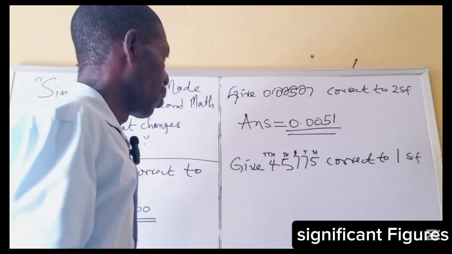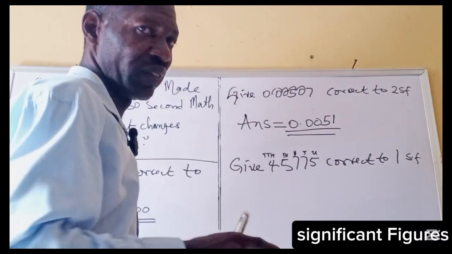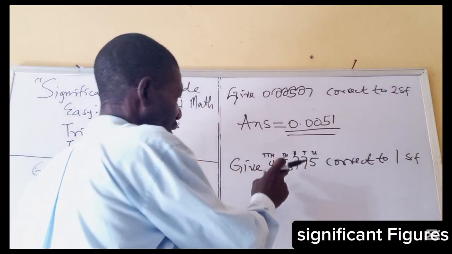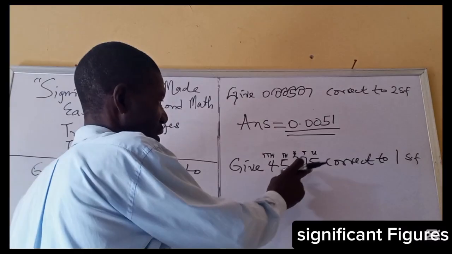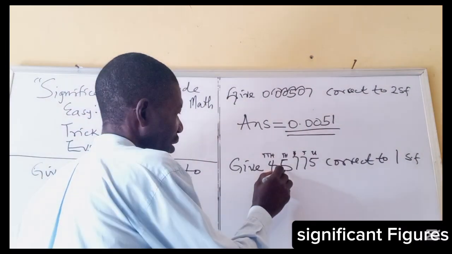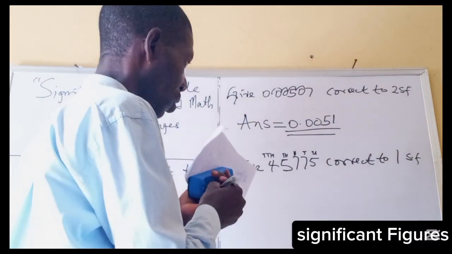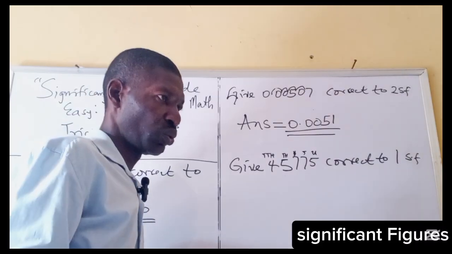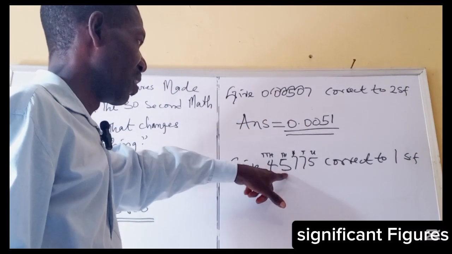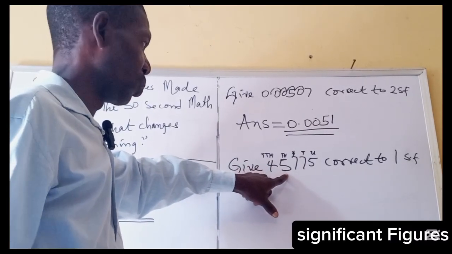So now, we have to correct to one significant figure. So this is the first significant figure, the second, the third, the fourth, the fifth. What we do is look at this second significant figure. You always take note of the next number after the significant figure you are asked to approximate to.